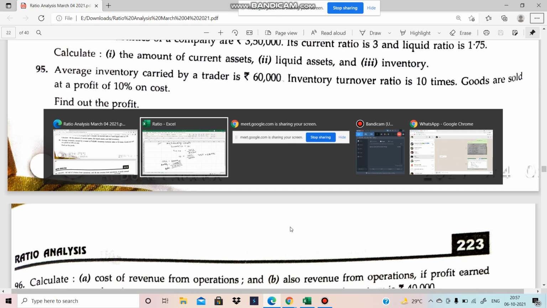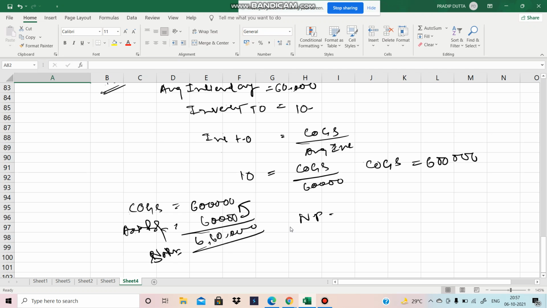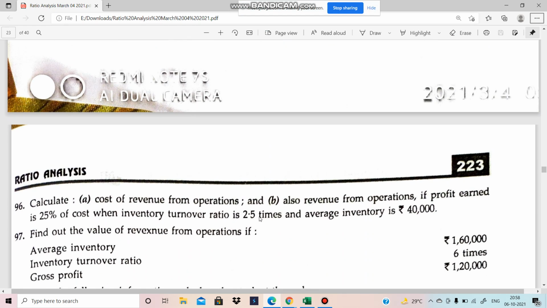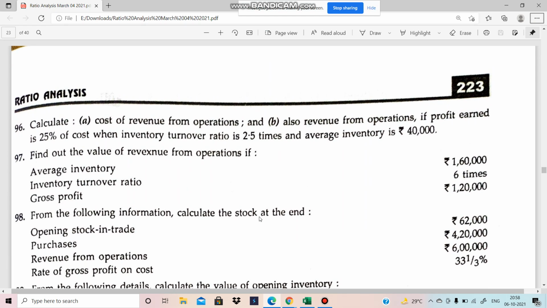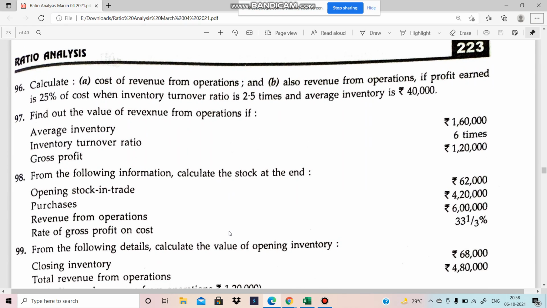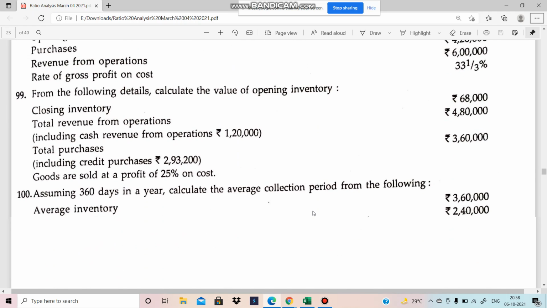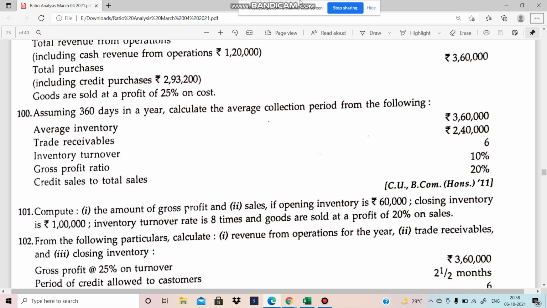They are asking to find out the net profit, so the net profit is 60,000. This will be our answer. These are easy sums that we can easily do.